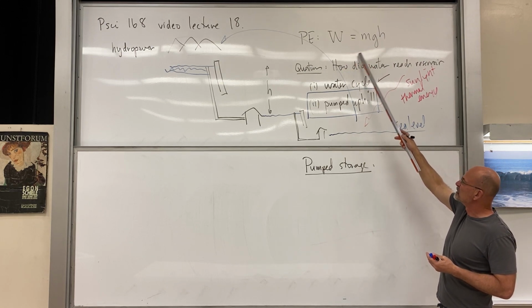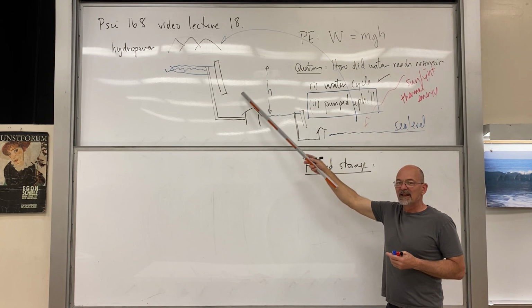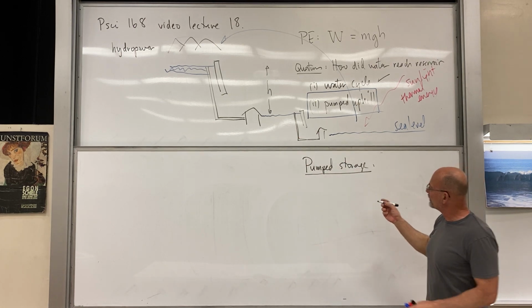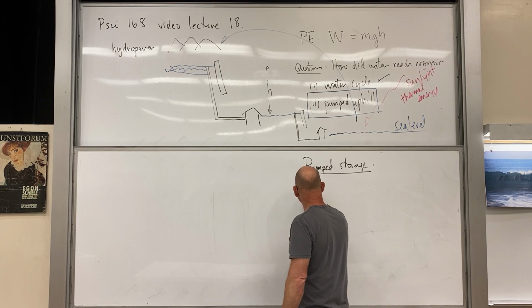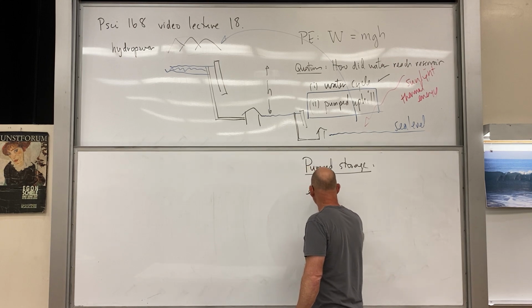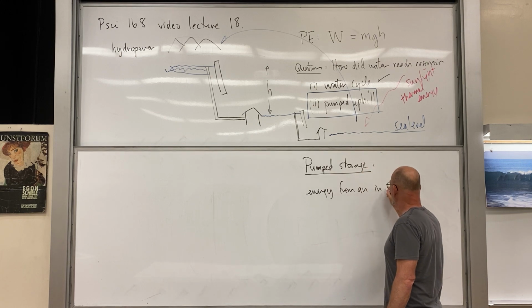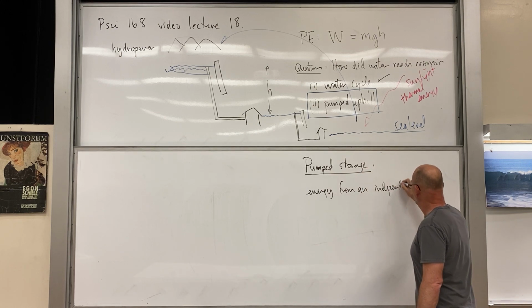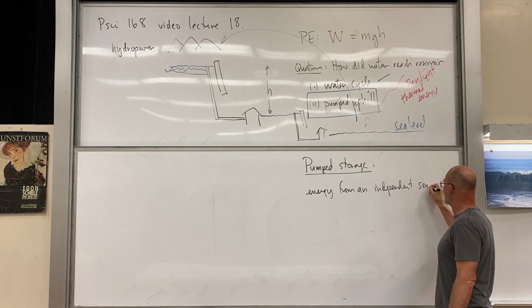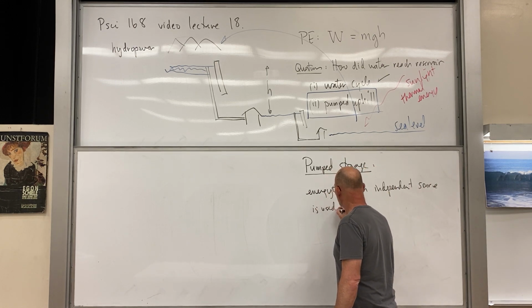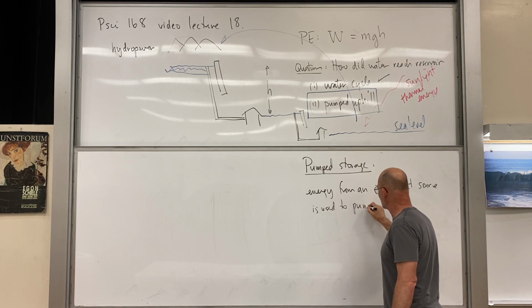It takes the same amount of energy to pump it uphill as you can get for bringing it down. So pump storage, we'll say energy from an independent source is used to pump water up the hill.